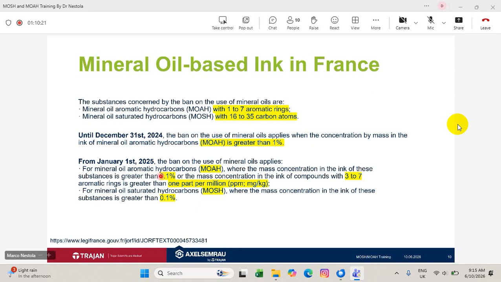So 1000 milligram per kilogram is very often not a big problem for vegetable oil-based ink. But this is a very specific legislation. In fact, we had a little bit of interest from Japan, I think, because they seem to be exporting ink to Europe. Not sure about this, but all printer ink and all this kind of stuff needs to be vegetable oil based.